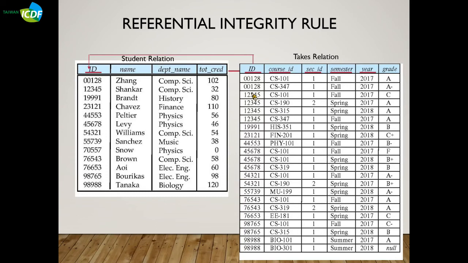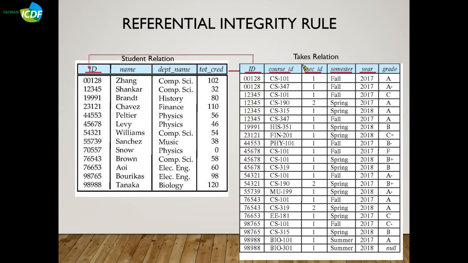Since a foreign key is designed to explain the referencing relationship between different tables, a foreign key value is supposed to match the key values of the referenced table.